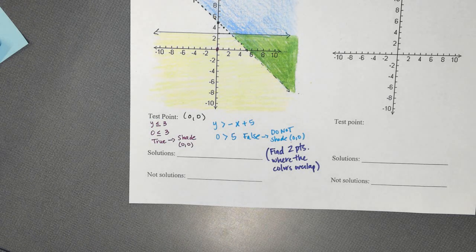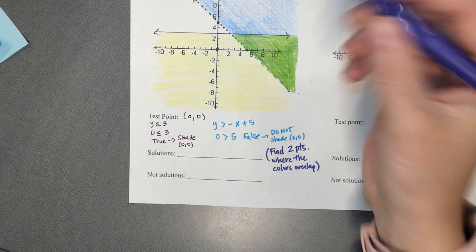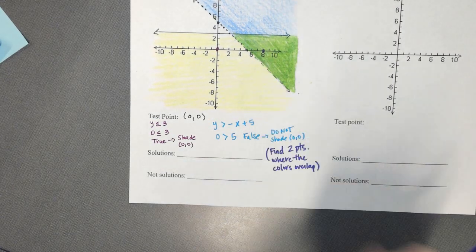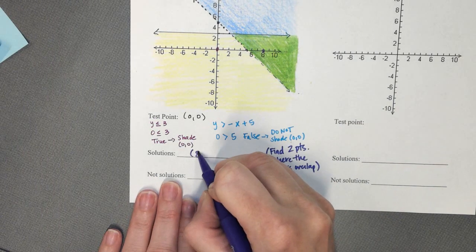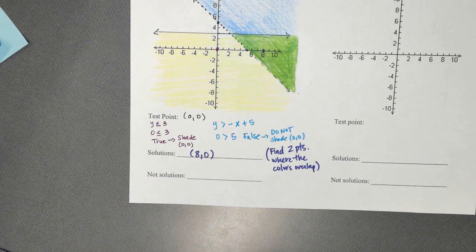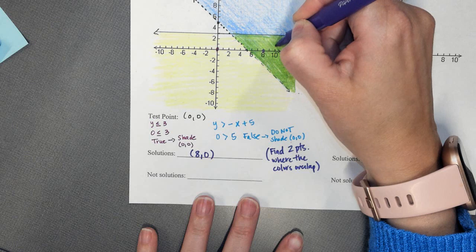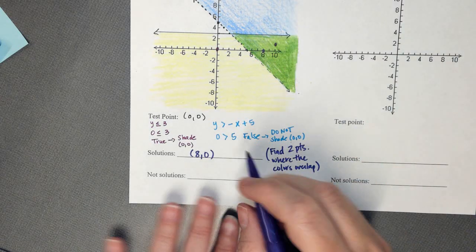So I try to find some of the simple points. For example, I can see this point is definitely in my green region. So 8, 0 would be a solution.